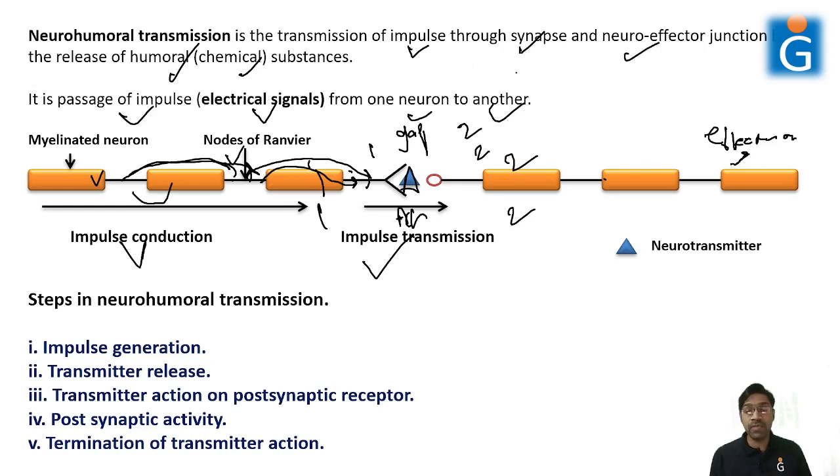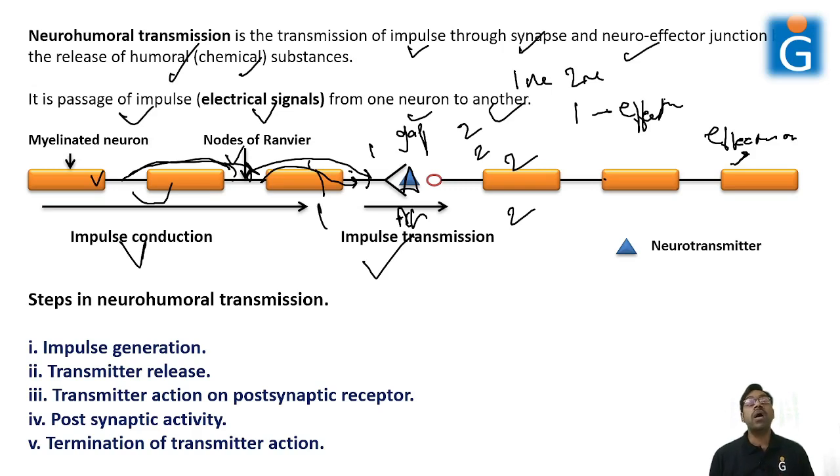Either the impulses will move from one neuron to another neuron, or it can go directly from one neuron to an effector organ. This is called neurohumoral transmission. There is transmission of nerve signals with the help of a humoral substance. The humoral substance is acetylcholine, which is a neurotransmitter.